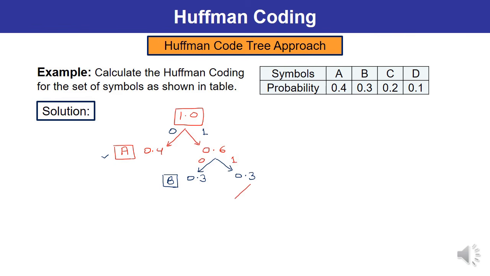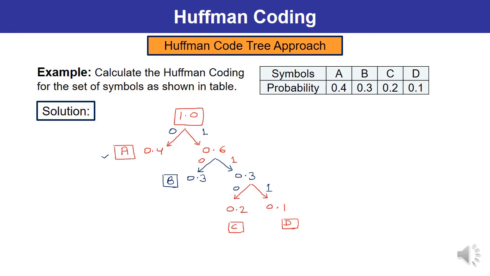So further branching can be done from this node, rightmost branch. 0.3, it is the sum of 0.2 and 0.1. Here you can see the 0.2 means symbol C is recovered, 0.1 means symbol D is recovered over here, and again the same convention which we have taken, 0 to the left branch and 1 to the right branch. You can take any convention, but that particular convention must be taken throughout the whole question.